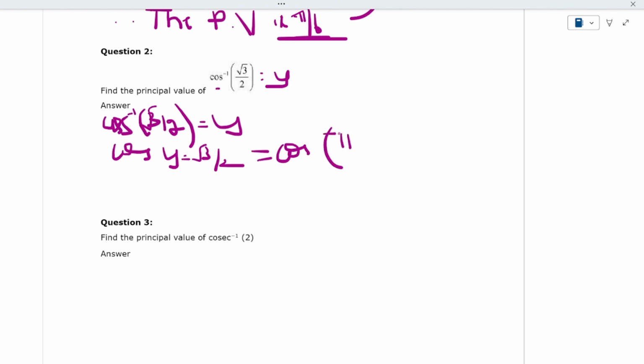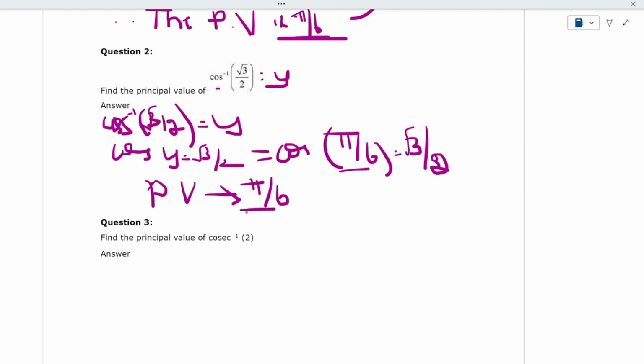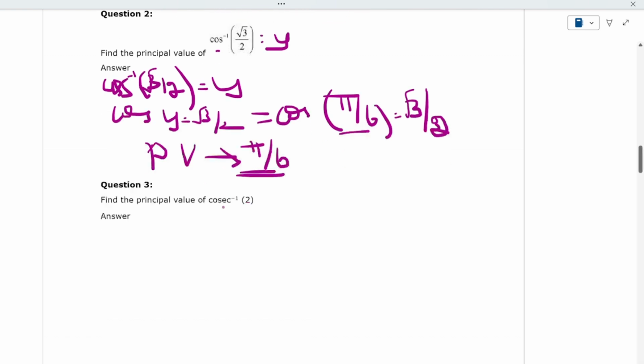Cos of pi by 6 will be equal to root 3 divided by 2, and the principal value is pi divided by 6. This is the answer for this.